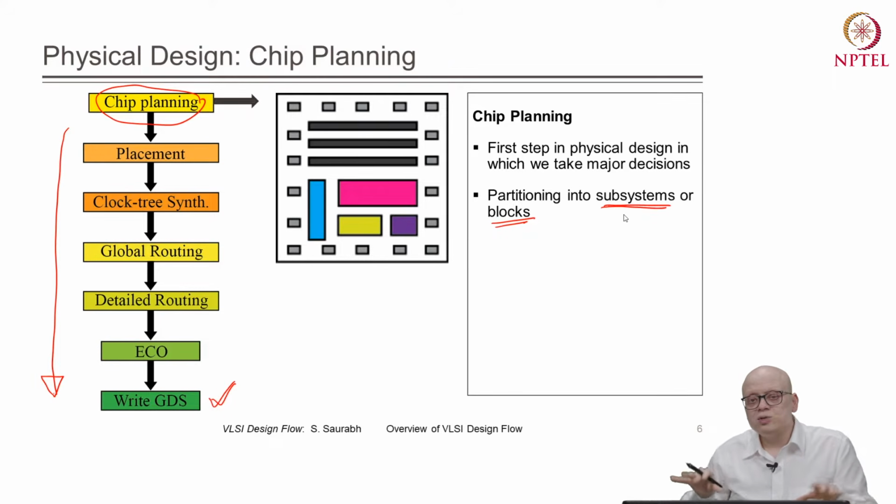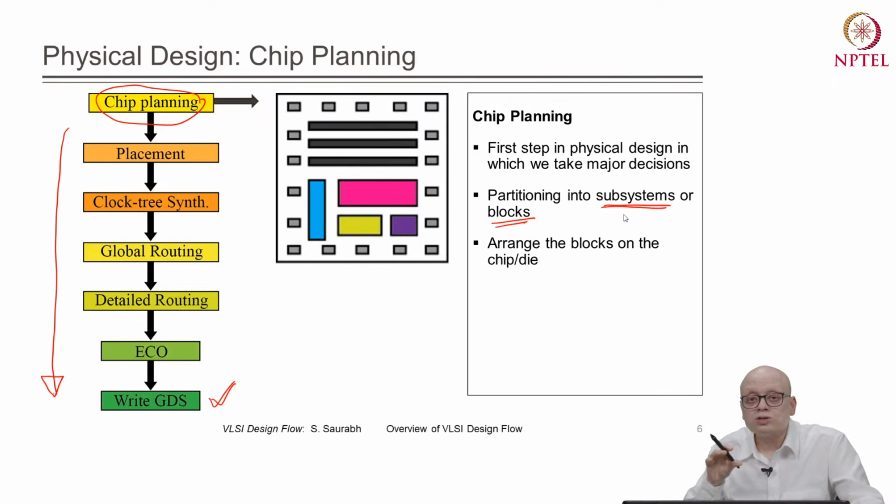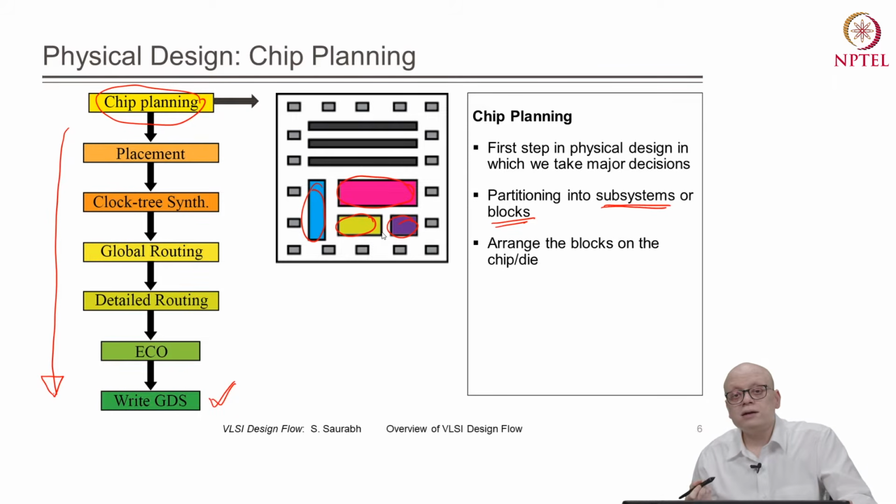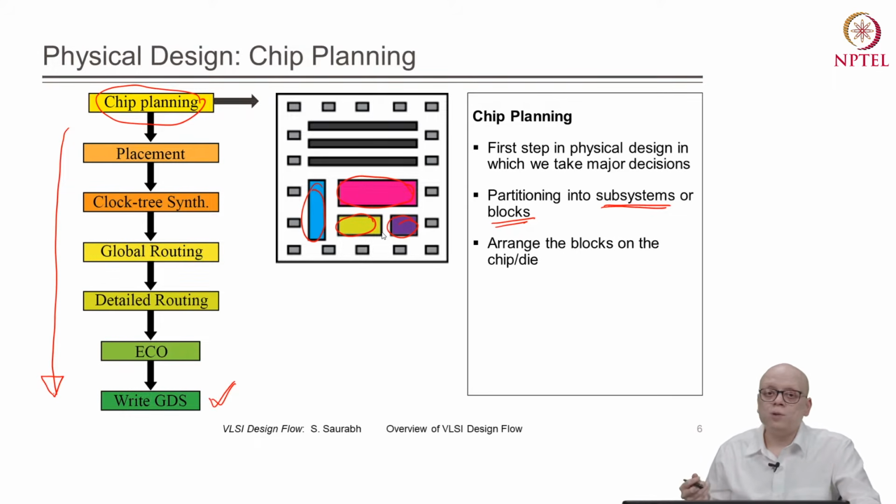Once we have partitioned into major portions, we define the location of these bigger blocks or partitions on the die. So at the top, during the chip planning stage, we decide the location of the bigger blocks that we have in our design. For example, there will be a CPU core in an SoC, or there can be a bigger macro or a memory block or a controller block, and so on.